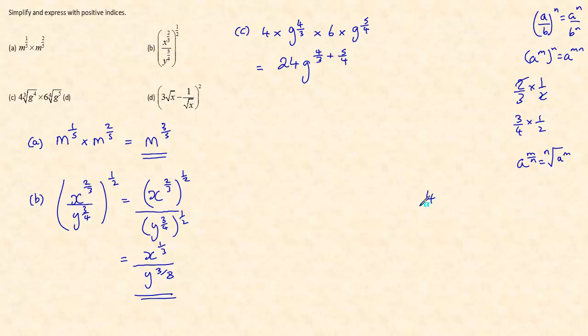So we need to do 4/3 add 5/4. So common denominator of 12, so that's going to be 16 add 15, so that's 31 over 12. So we're going to have 24g to the 31 over 12.